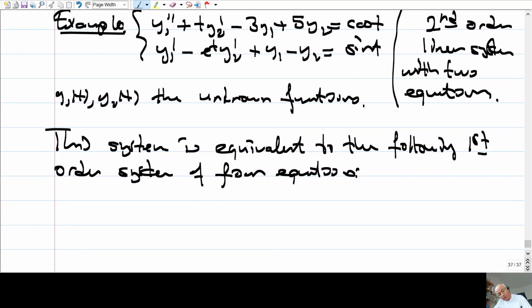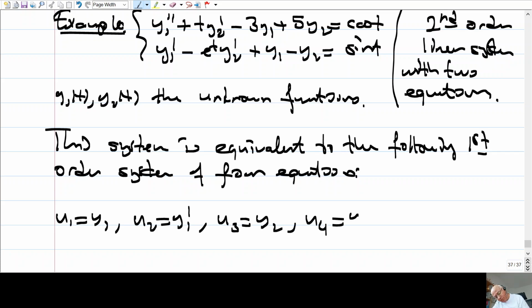So, for example, U1 is just Y1, and U2 is just Y1 prime. U3 is Y2 and U4 is Y2 prime. So instead of Y1 and Y2, I have now four unknown functions, U1, U2, U3, U4.